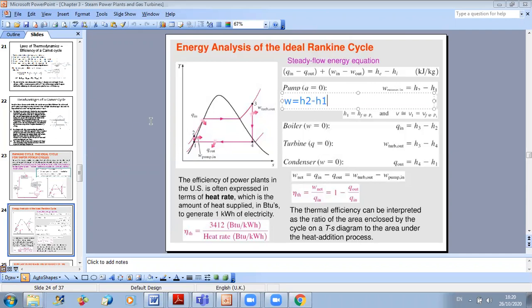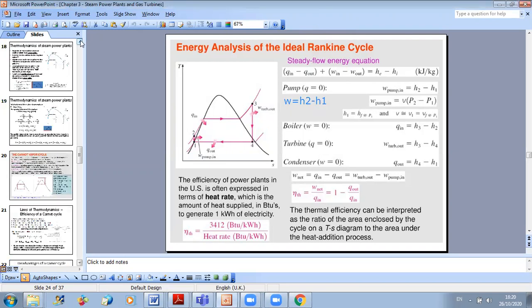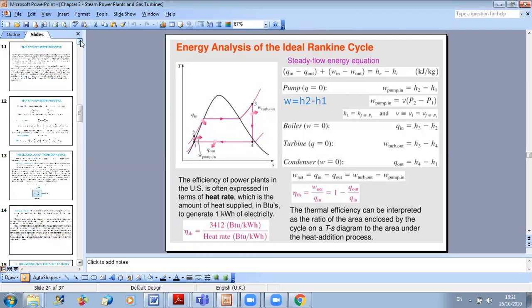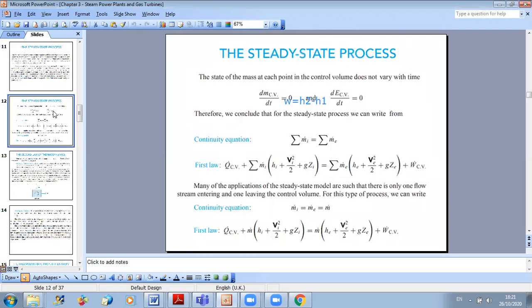If you want, I will go back to the general rule. Always go to the general rule, and you can simplify it a lot depending on the application. You remember this law? We will use it in all our energy analysis of cycles.